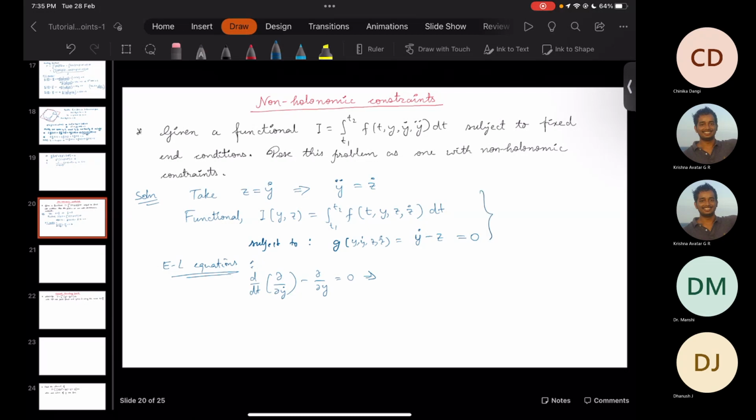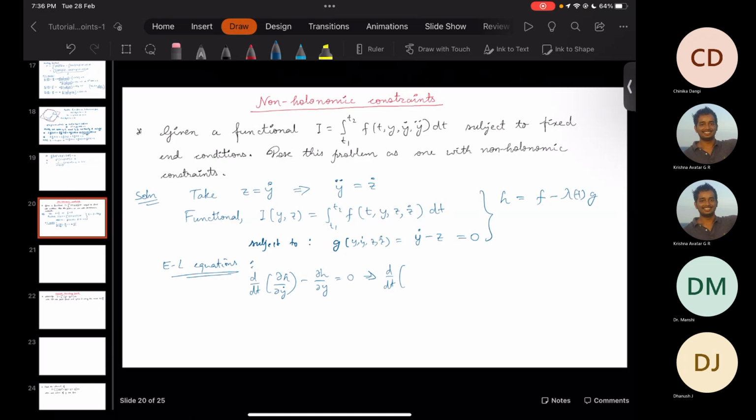So using this, we can construct a function, say h is equal to f minus lambda as a function of t into g. So this implies that we'll have h, and then this gives us d by dt of y dot.